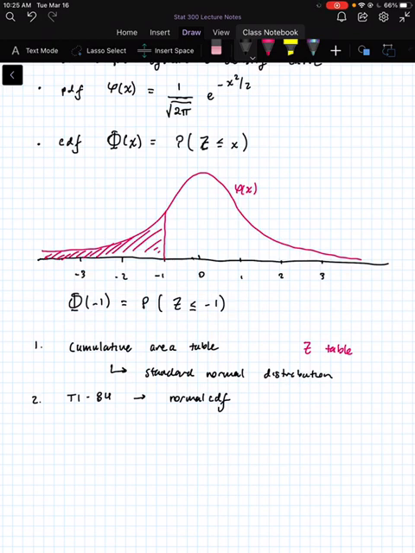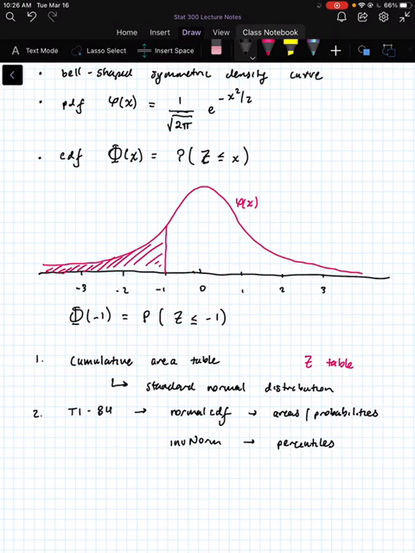That doesn't mean anything to us. But the normal CDF is what we'll use to find areas or probabilities. And if you use inv norm, your calculator may or may not have this depending on which model you have. Inv norm will give you percentiles. And we'll talk about that briefly later.